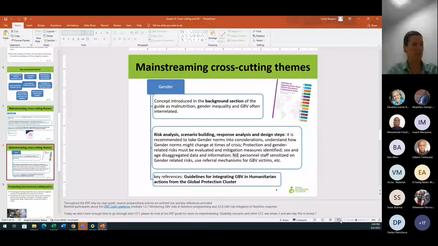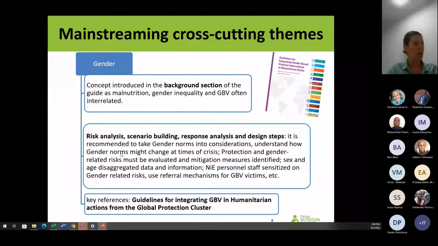How we recommend to take gender norms into consideration, understand how those norms might be affected by a shock and how they might change at times of crisis. It's important to take this into account, okay?